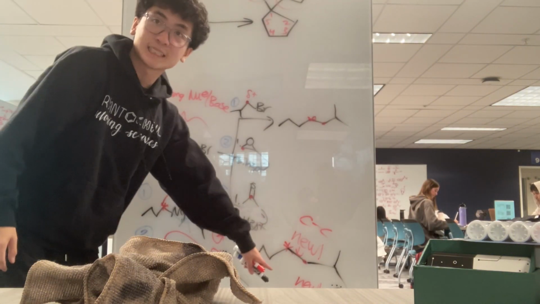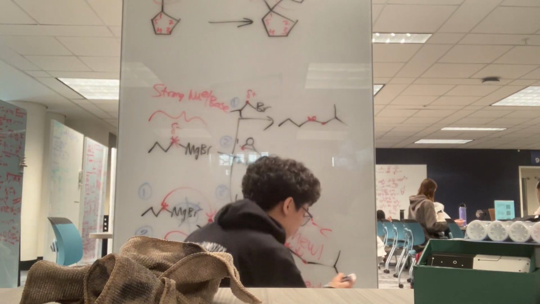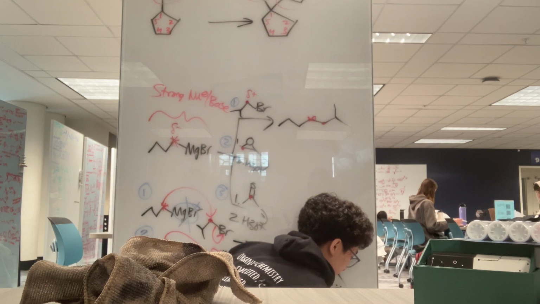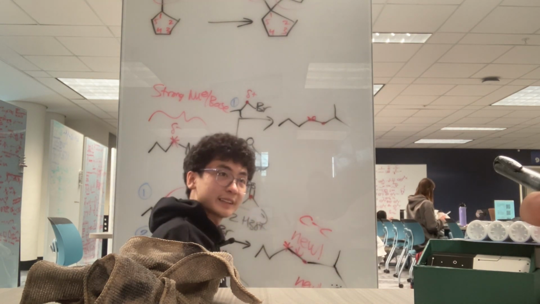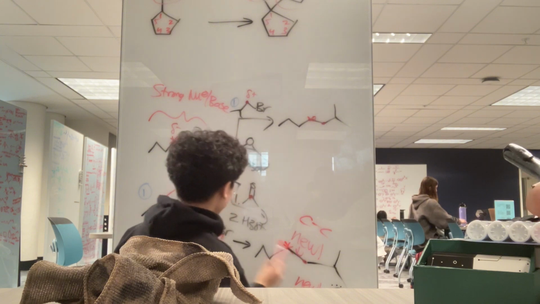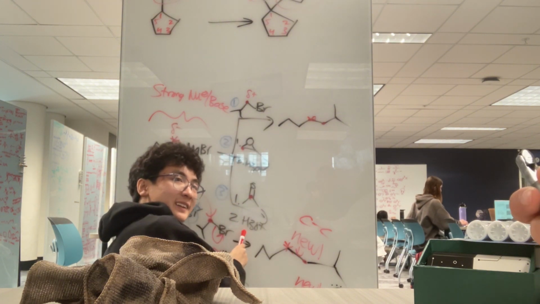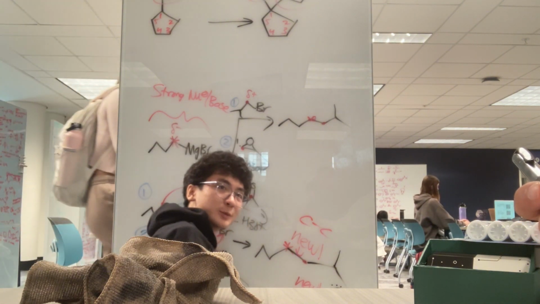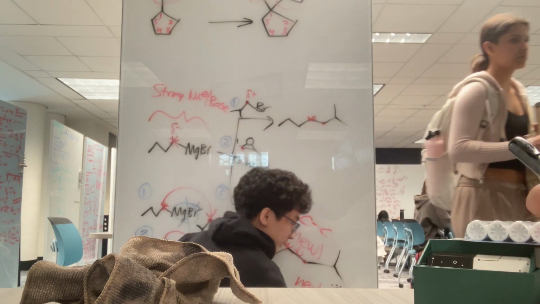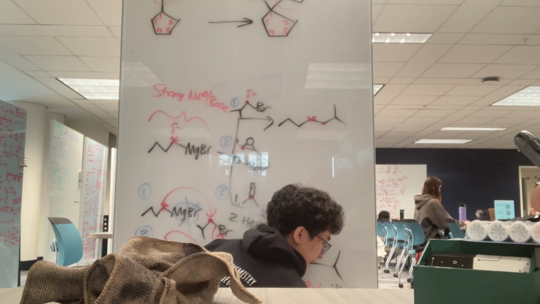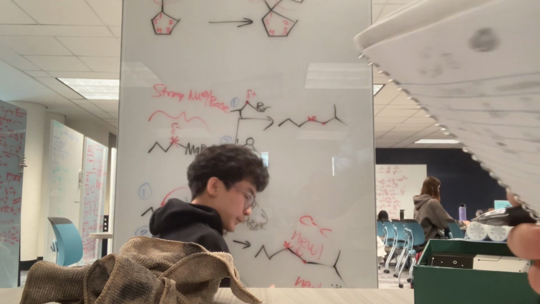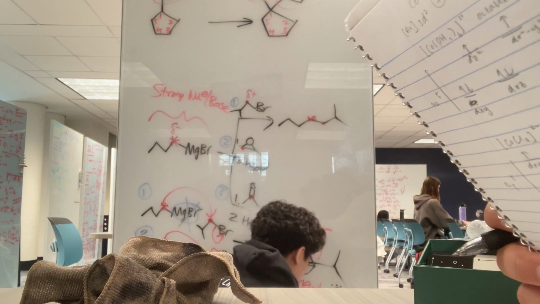The last step here is to protonate the O minus to become neutral OH. This H3O plus is the second step right there. This is acid, H3O plus hydronium ion. That's going to allow this O minus here to become OH, neutral OH.